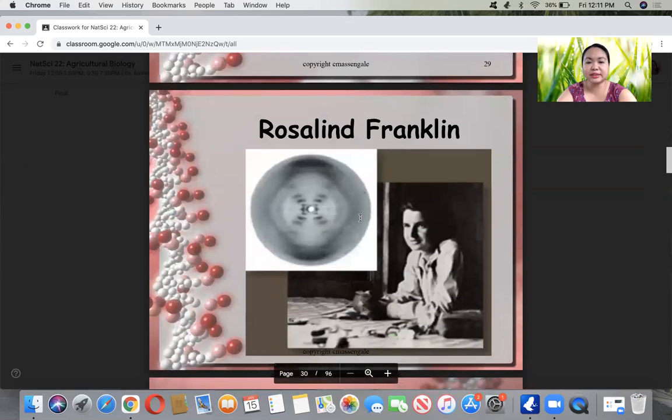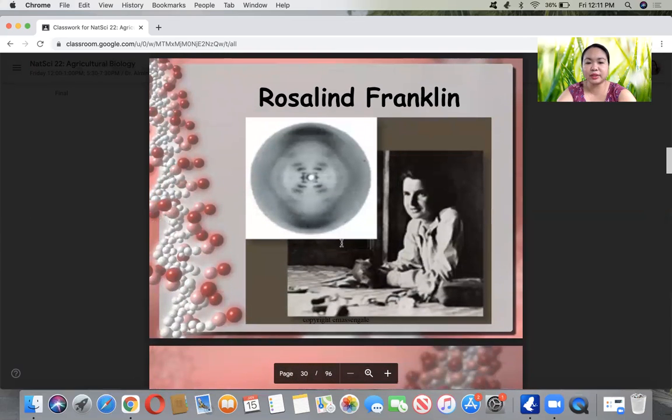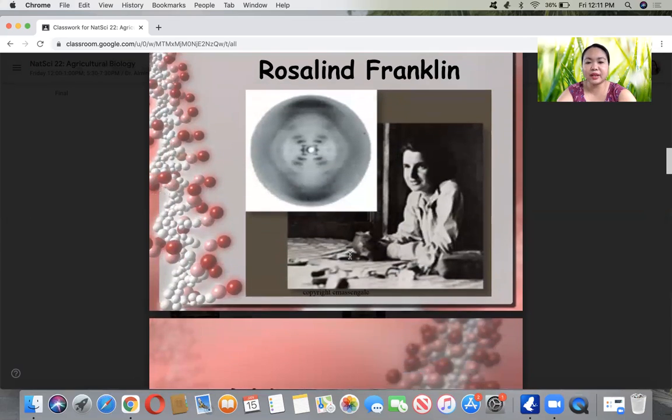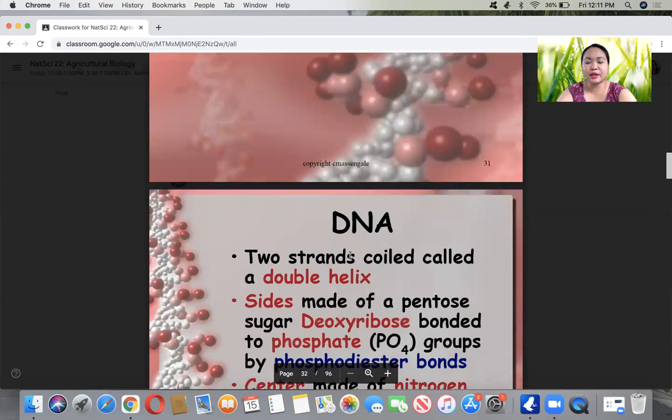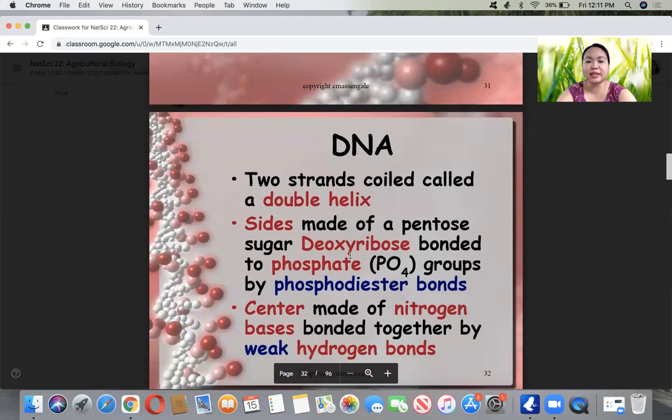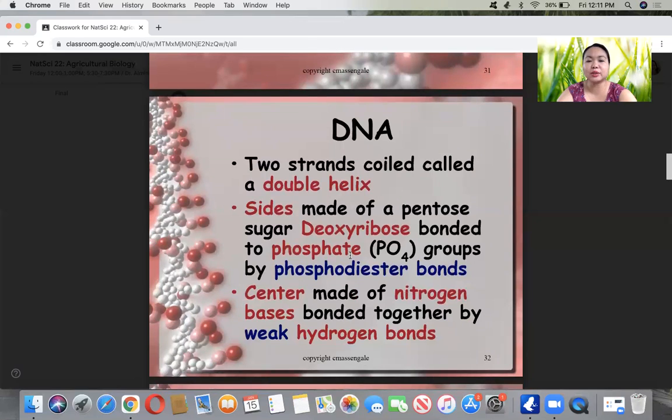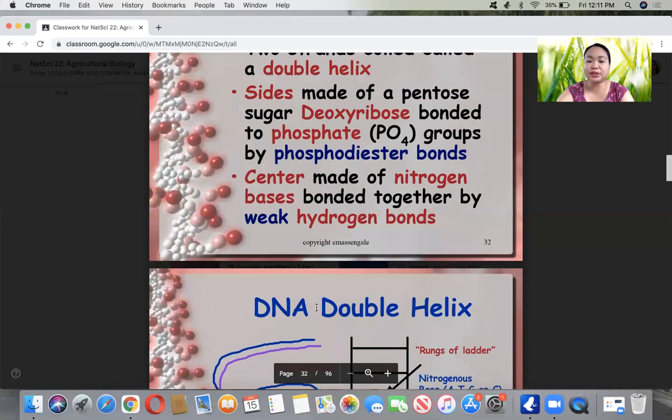So this is the X-ray of Rosalind Franklin, and the DNA structure is made up of two strands called a double helix, with sides made of a pentose sugar, deoxyribose, bonded to phosphate groups by phosphodiester bonds, and the center is made of nitrogen bases bound together by weak hydrogen bonds.